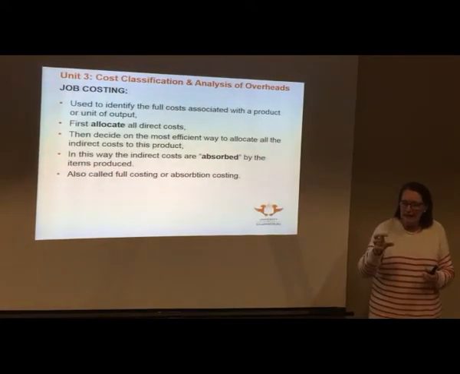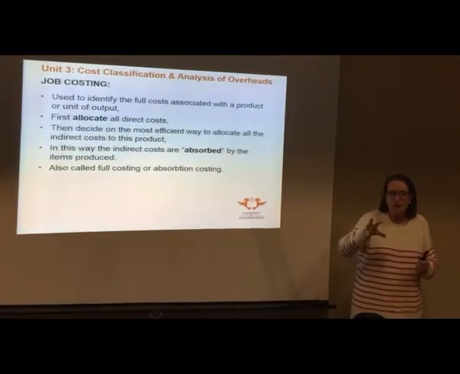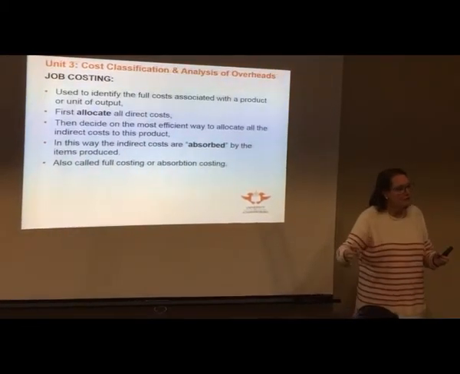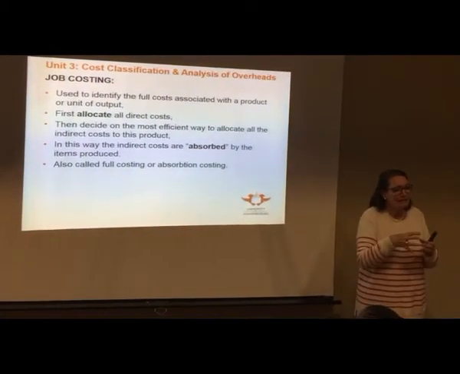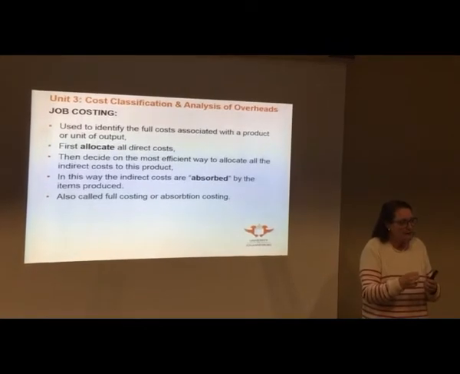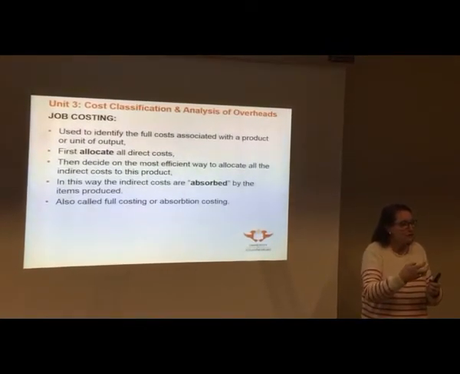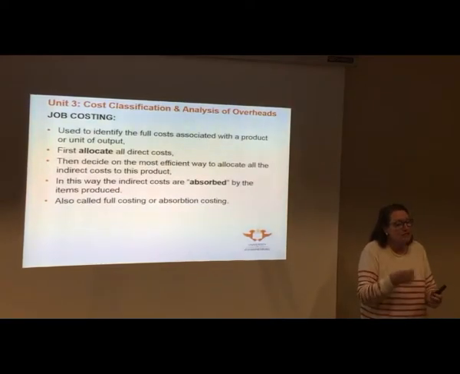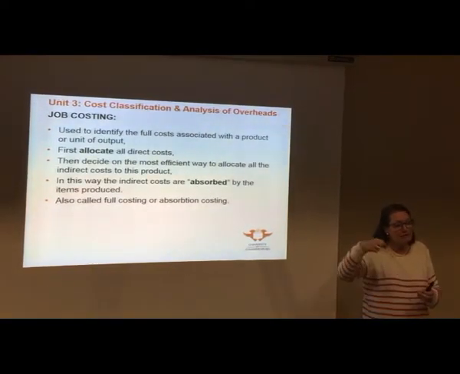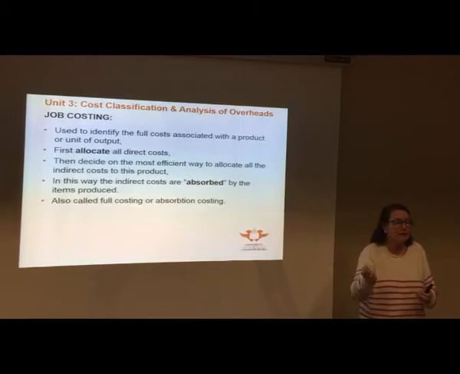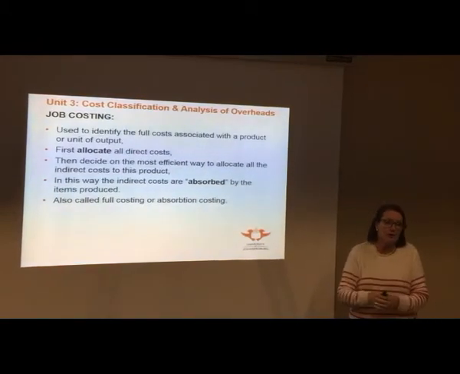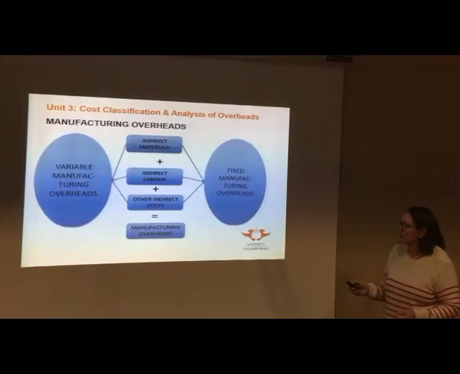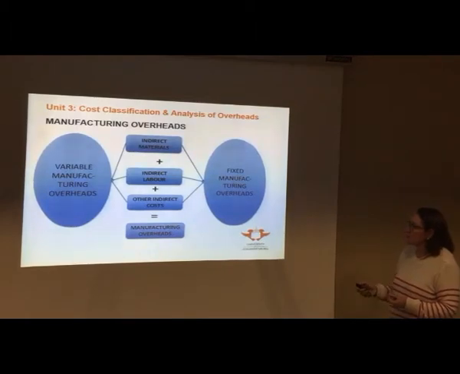You need to allocate the rent to the items that you're producing within the factory so that you get an accurate costing per item, and that the rent which is used actually in the production of these items is costed into the item. So when you get your selling price, you know that your selling price is going to cover all the costs of manufacture.